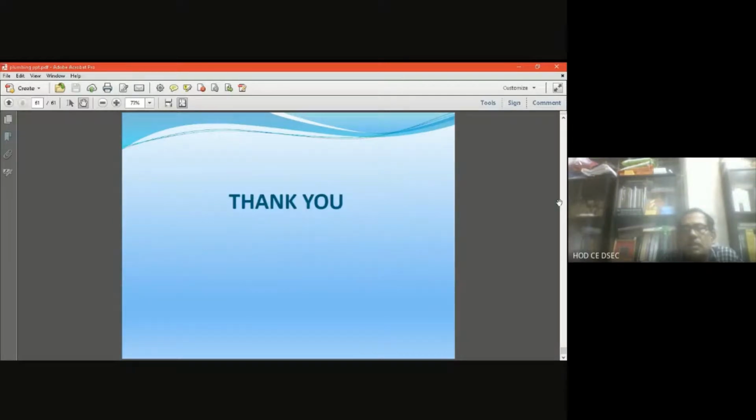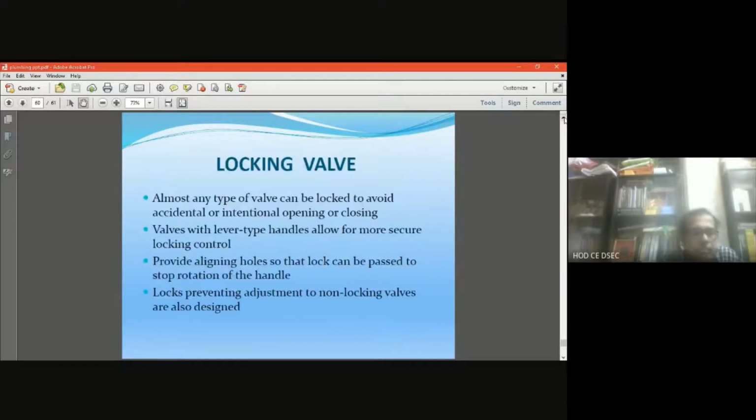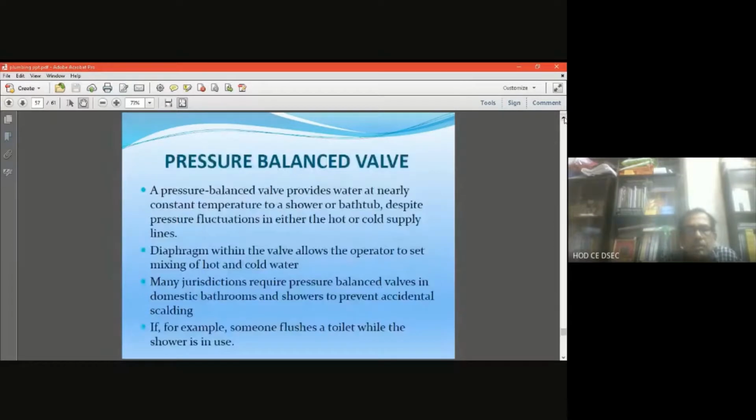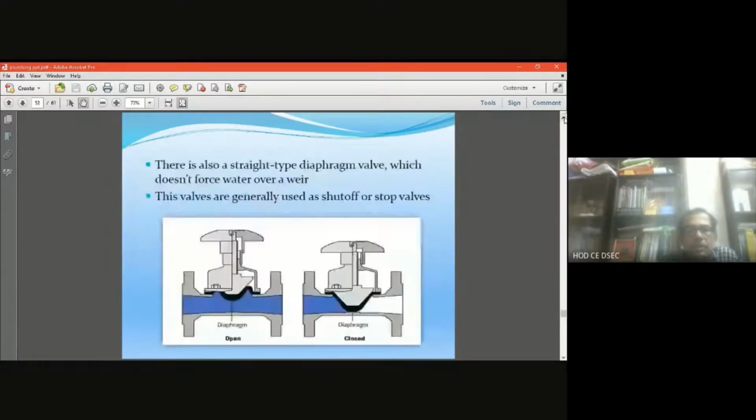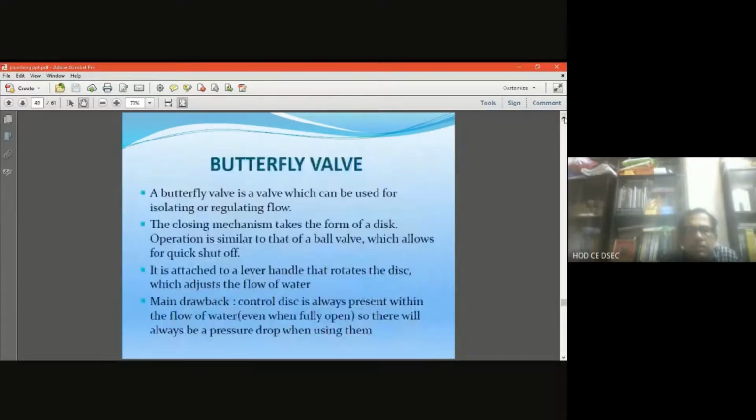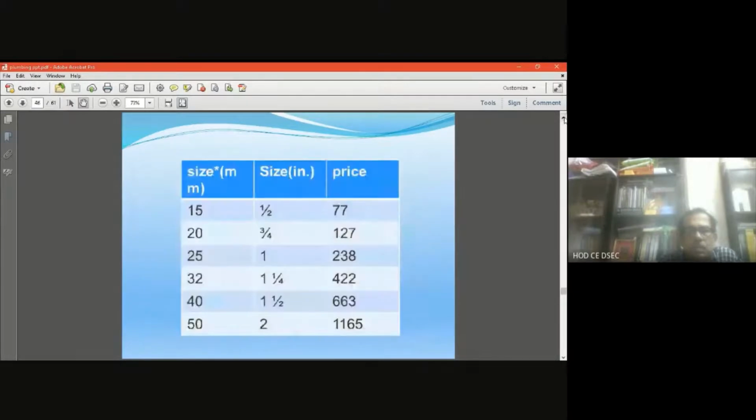So these are all about the valve system. Whatever valves are possible in plumbing fittings, I have told you.